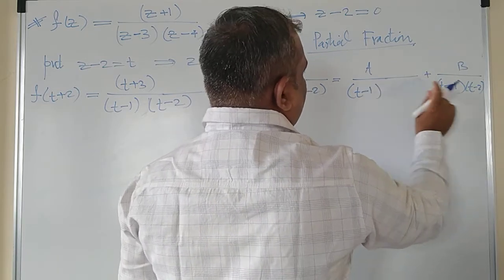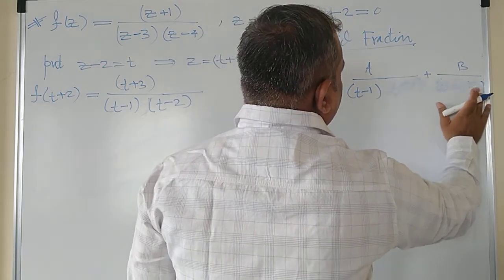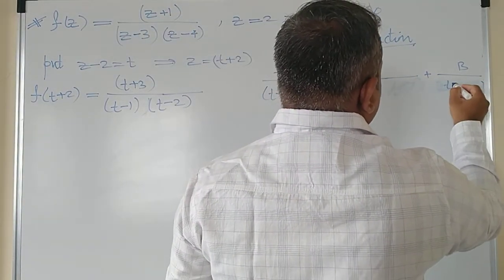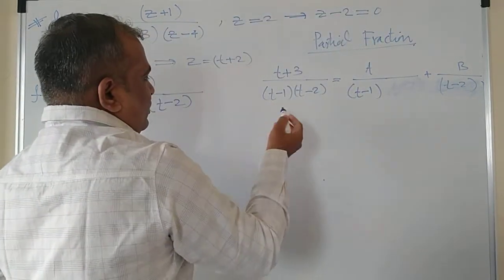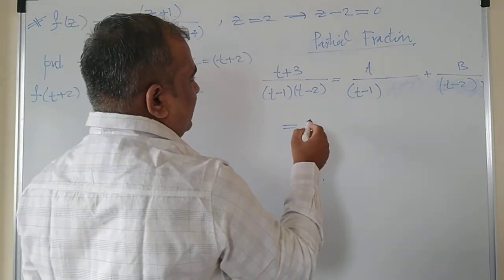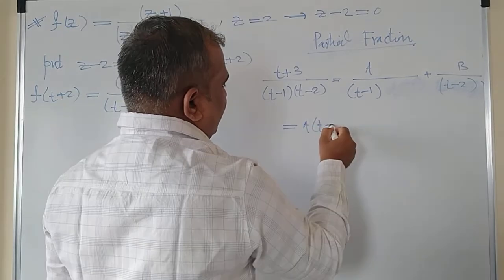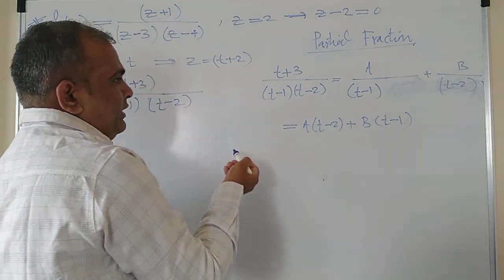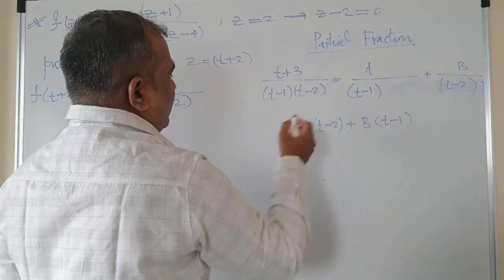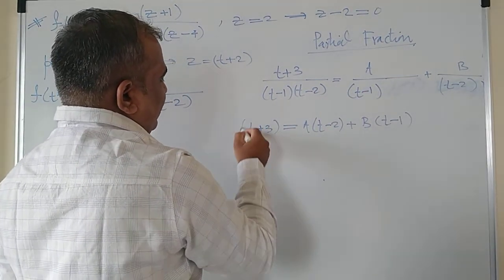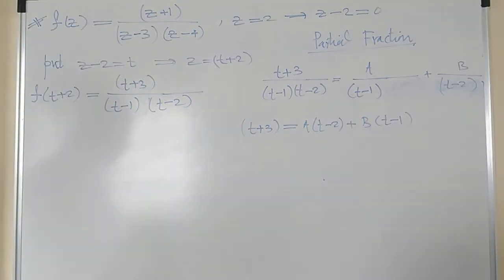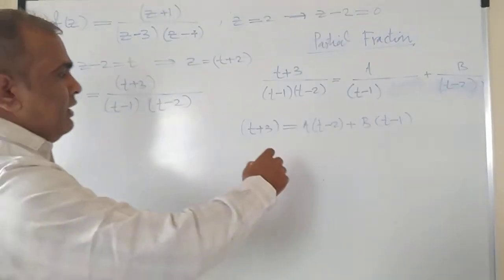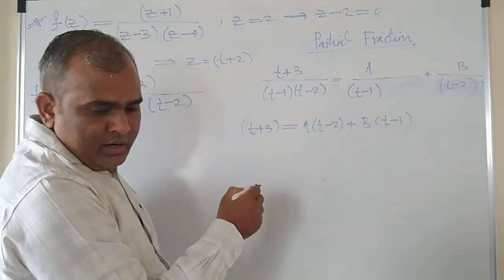So t minus 1 for the first term and t minus 2 for the second term, right? So this right hand side will give you A into t minus 2 plus B into t minus 1. The denominator will be common. This denominator gets cancelled on both sides, and you will have t plus 3 is equal to this, isn't it? Right?